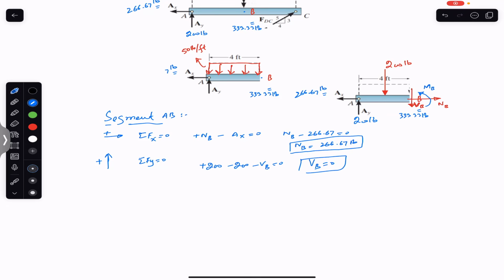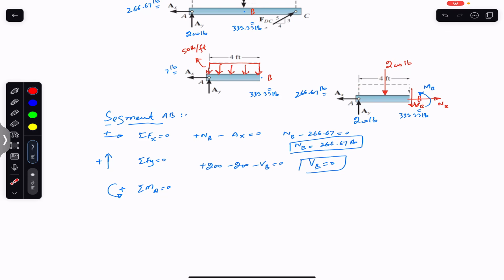And similarly, if we apply the summation of moment about point A equals 0, the counterclockwise moment is assumed to be positive. Now AX and AY are not going to produce a moment about point A since they are passing through this point A. So this 200 pound force is producing the clockwise moment, and its perpendicular distance, the moment arm of this 200 force from point A, is this distance, which is half of 4 feet.